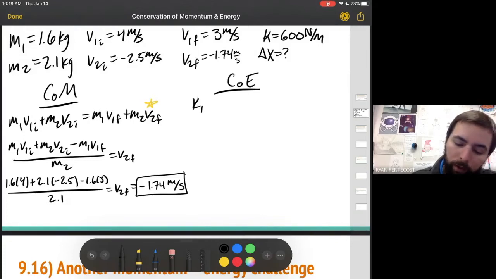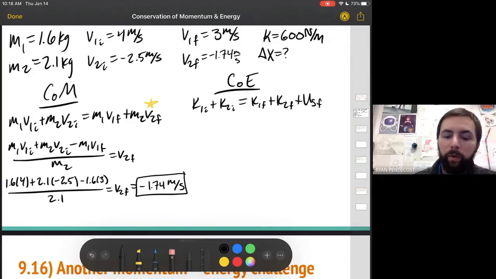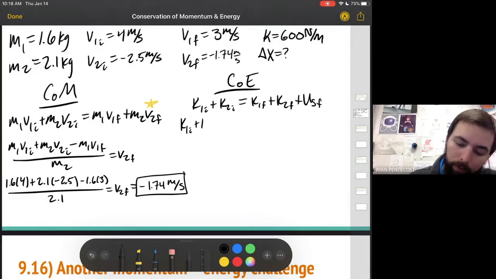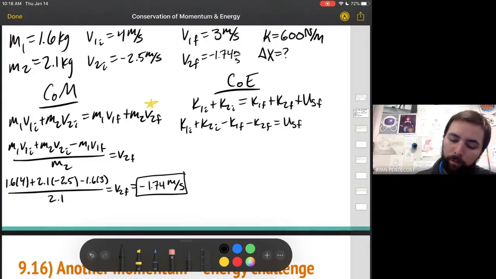You've got K1 initial plus K2 initial equals K1 final plus K2 final plus the potential of the spring. You could also say there's an initial spring potential, which is zero. So to find the potential of the spring, you take K1 initial plus K2 initial minus K1 final minus K2 final, which equals that final spring potential.